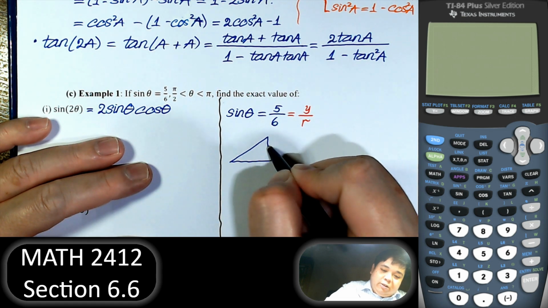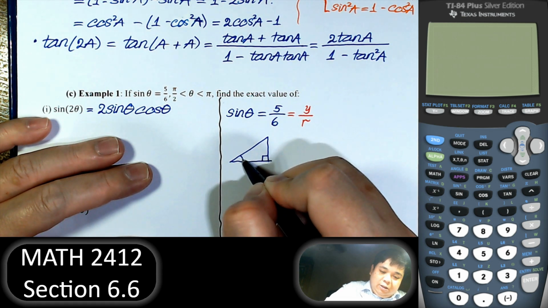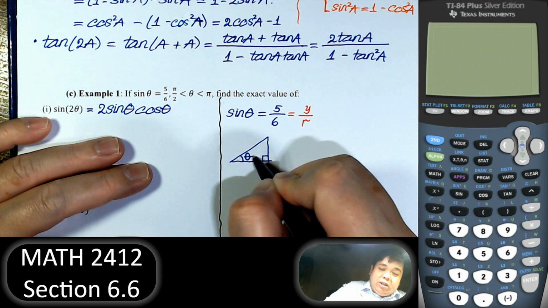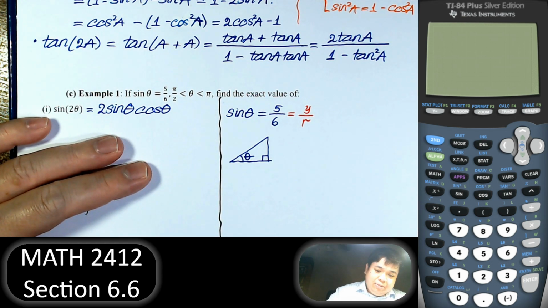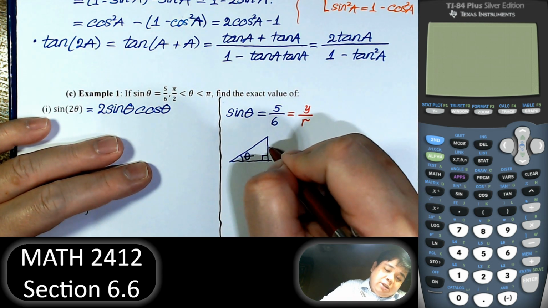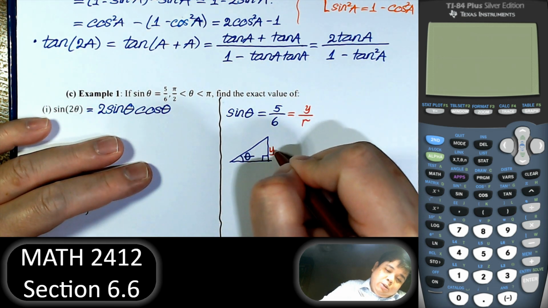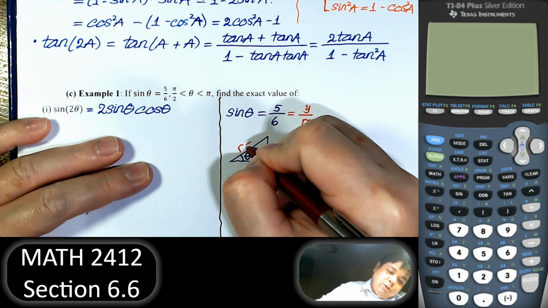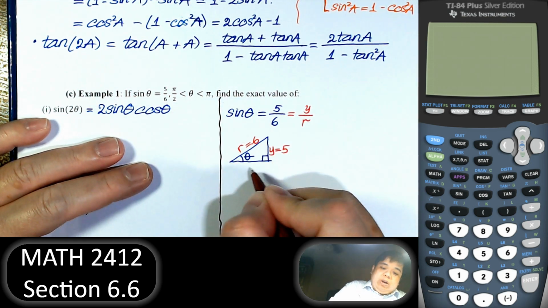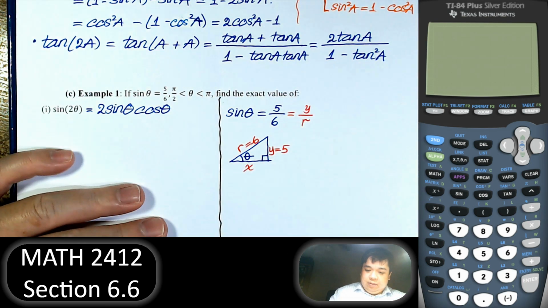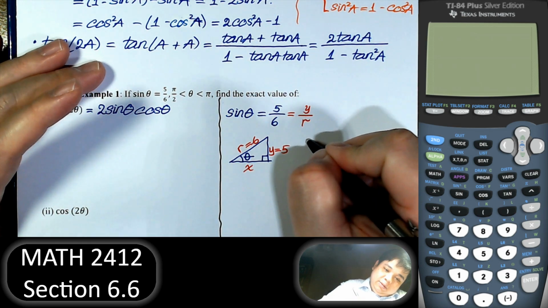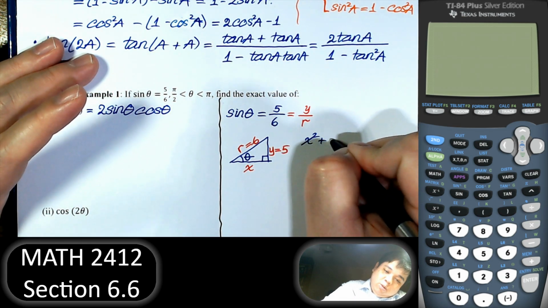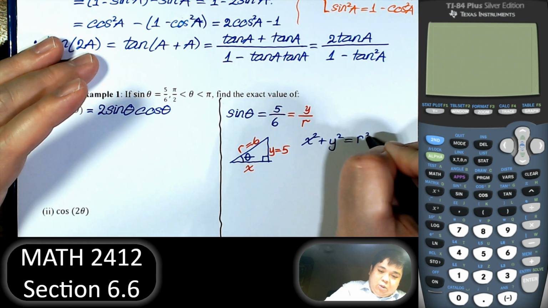Let's draw a triangle with the acute angle theta. Sine is y, which is 5, and r is equal to 6. Now with that we can solve for x. x squared plus y squared equals r squared.